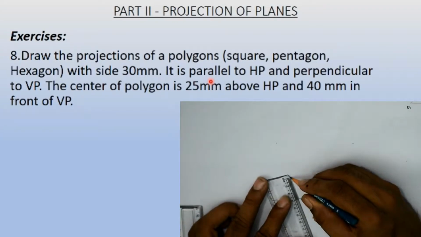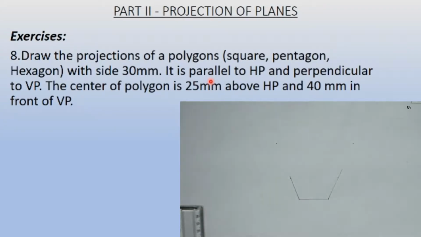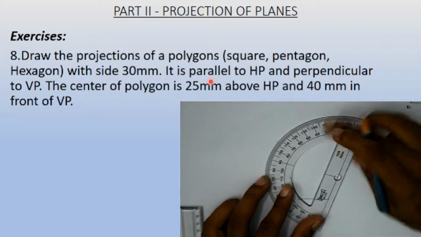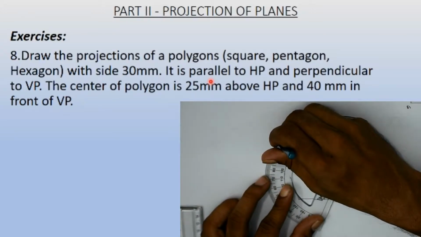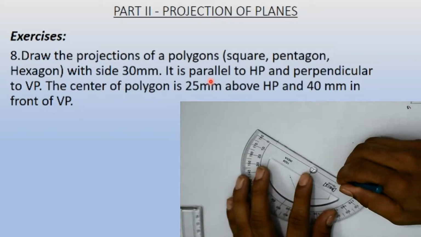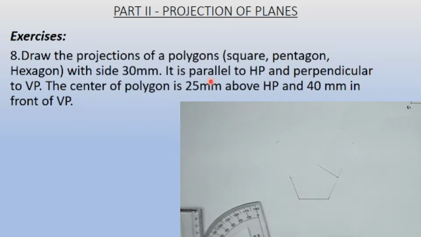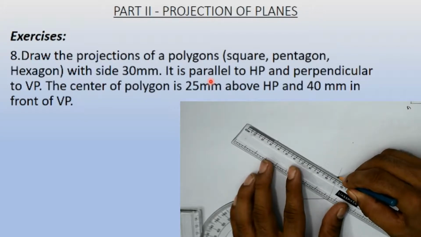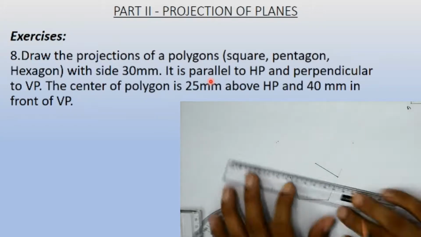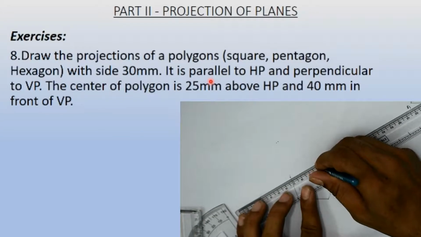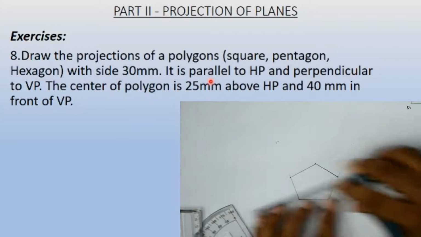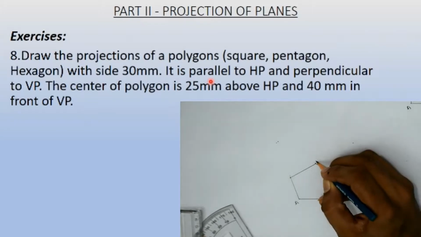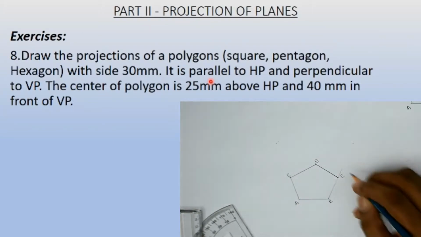I'm using a ruler here to not change the orientation of the drafter. Again 72 degrees, and this side is also 30. If we join these two, our pentagon is complete. Say this is A, B, C, D and E.